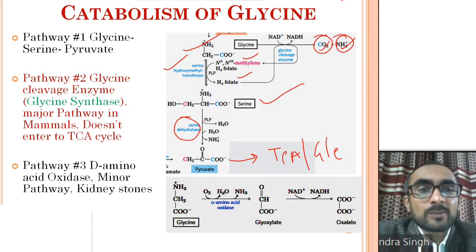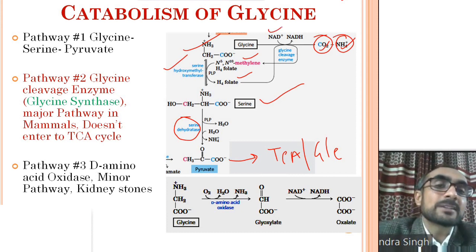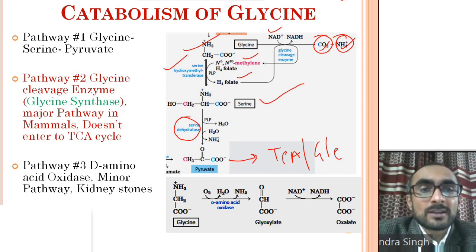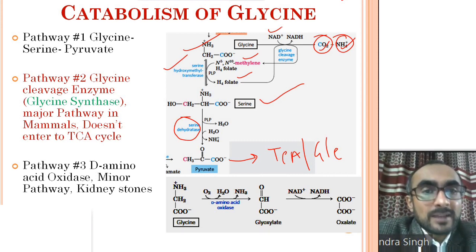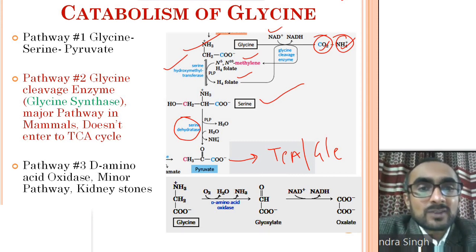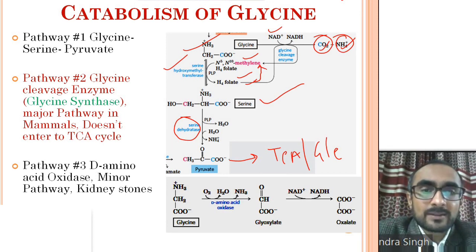At the same time, one molecule of NAD+ is reduced to NADH, and one carbon atom, the alpha carbon of glycine, is transferred to tetrahydrofolate. So tetrahydrofolate is converted to methylene tetrahydrofolate.